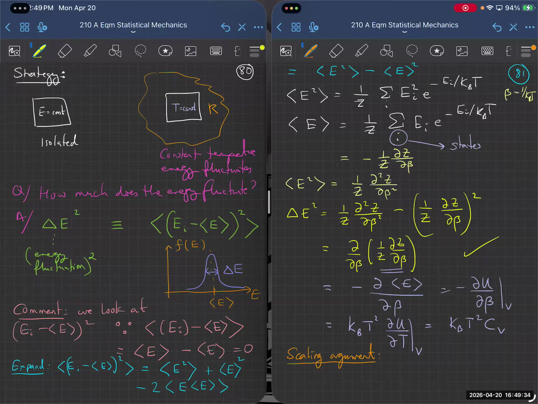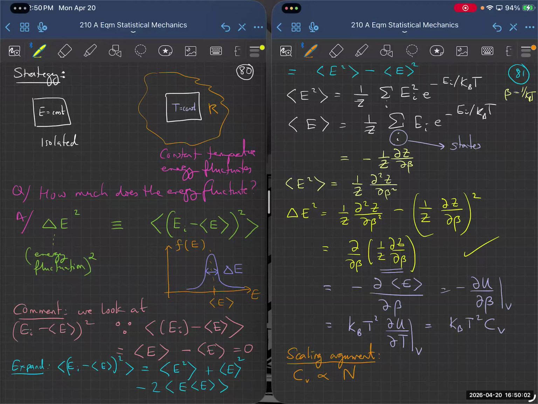Remember, we had the specific heat, which was the heat capacity divided by the size of the system, which I complained is generically taken to be the mass of the system, but a physicist would say divided by N. So the heat capacity is going to be proportional to N, because the amount of energy you need to supply to raise the temperature by one degree depends on how big the system is.